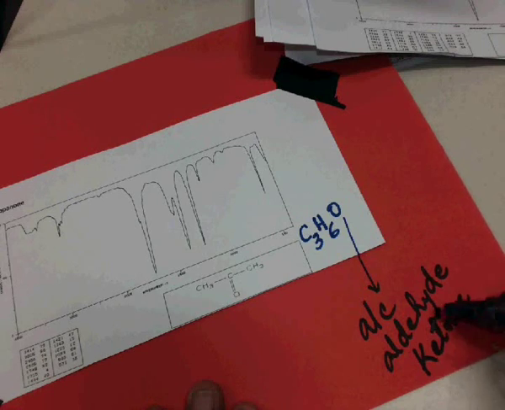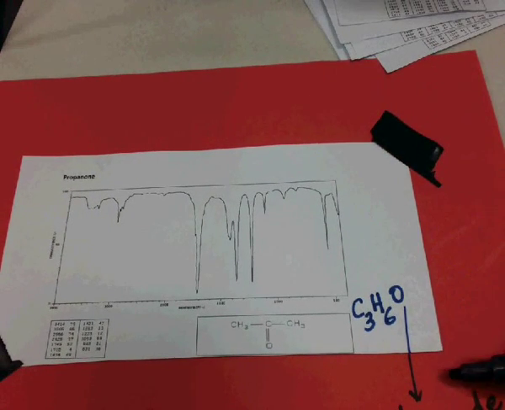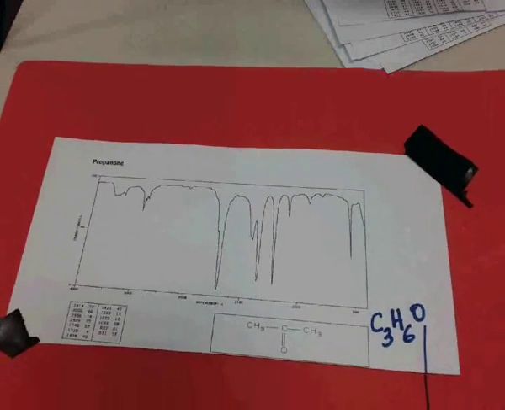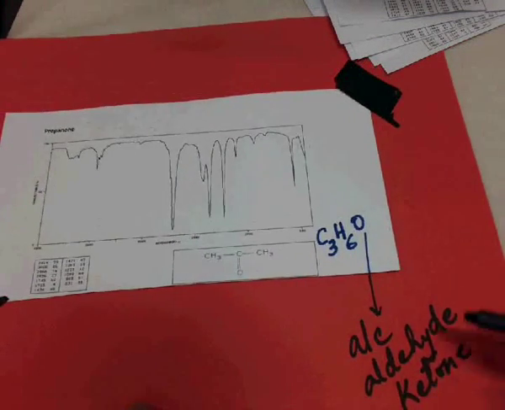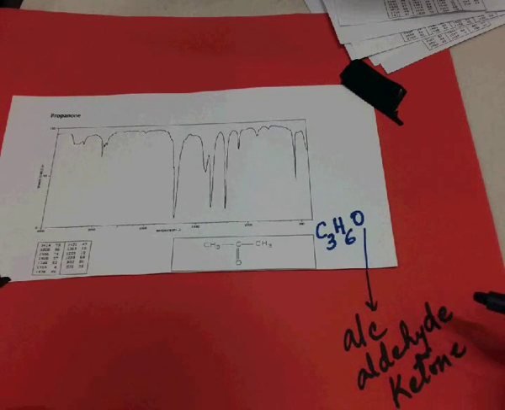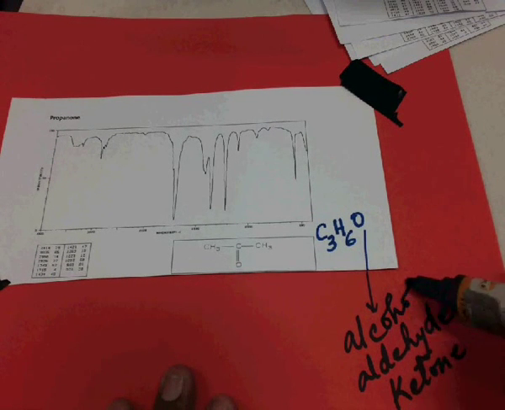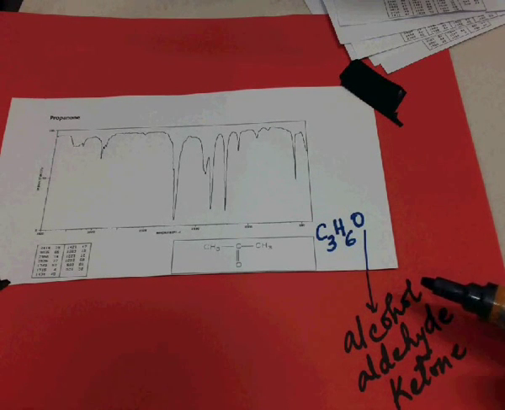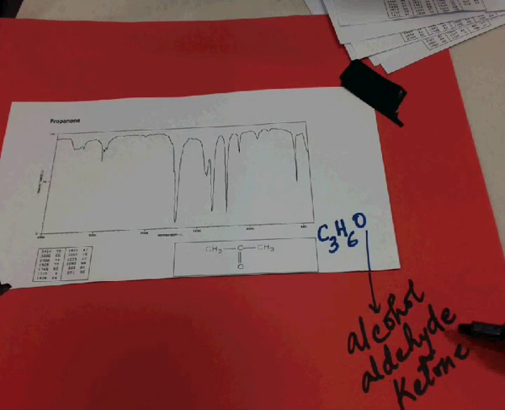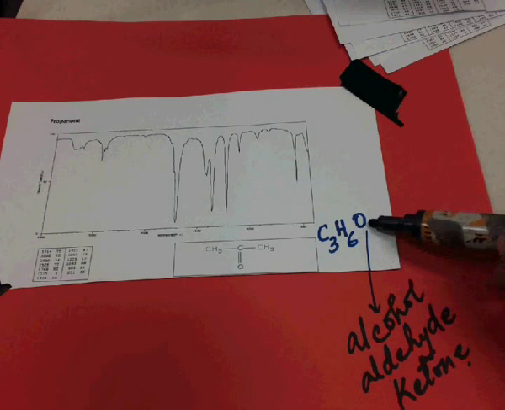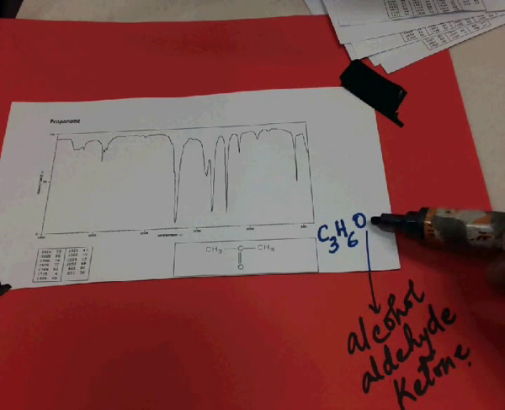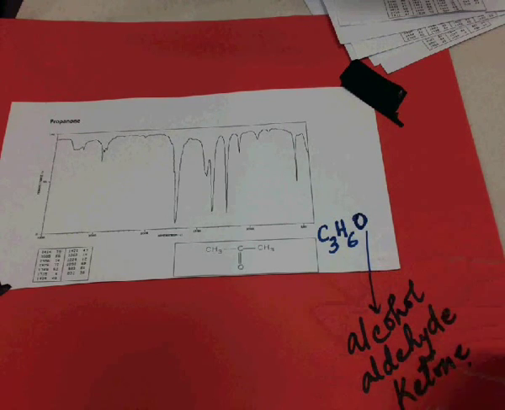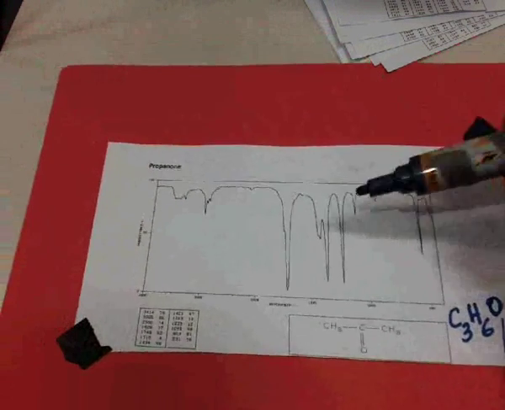So I've shortlisted from all the different functional groups that we know: this IR spectrum relates to either an alcohol, an aldehyde or a ketone. I've arrived at that conclusion just based on the molecular formula that they will give you in the exam, which shows that there is 1 oxygen. Now let's go and interpret the IR spectra.